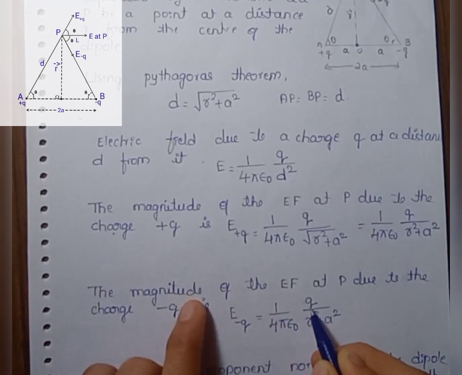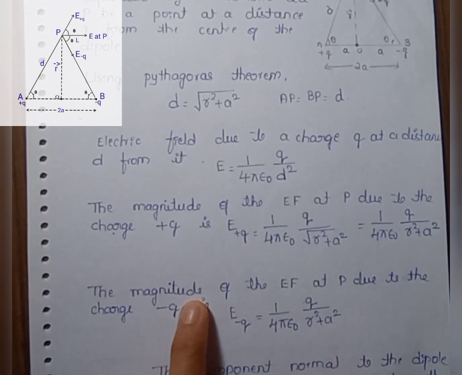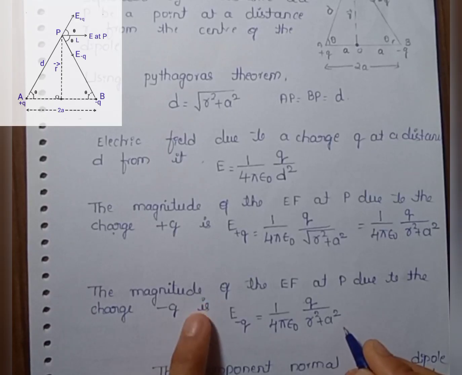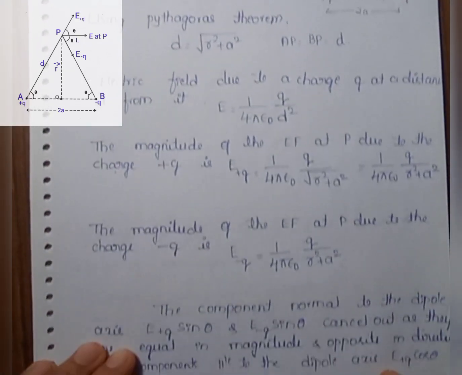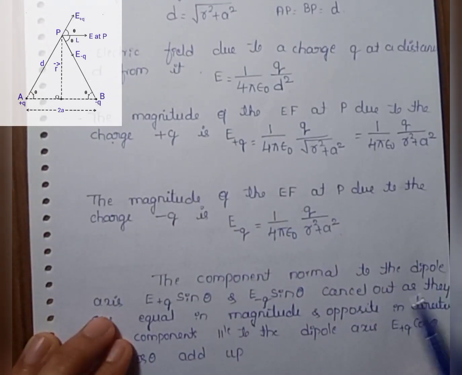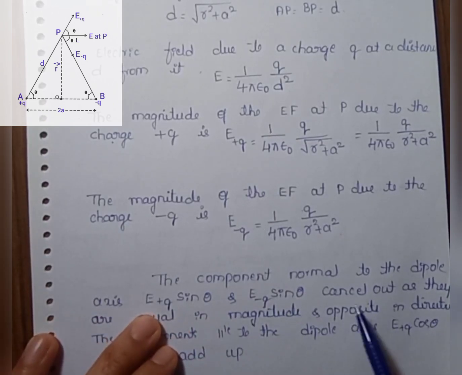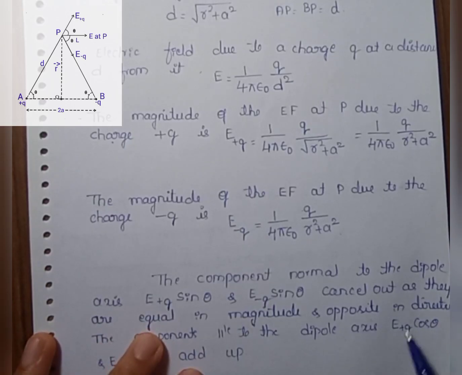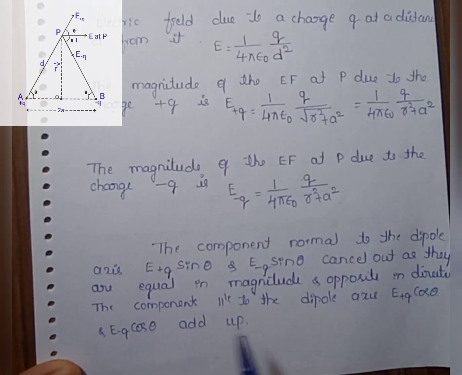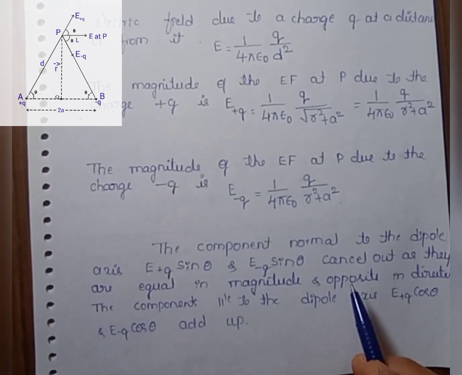Because with the magnitude sign we will get the positive sign only. Now what happens? Components normal to the dipole axis, that is E plus sin theta and E minus sin theta, cancel out each other as they are equal in magnitude and opposite in direction. The components parallel to the dipole axis, E plus Q and E minus Q, add up.